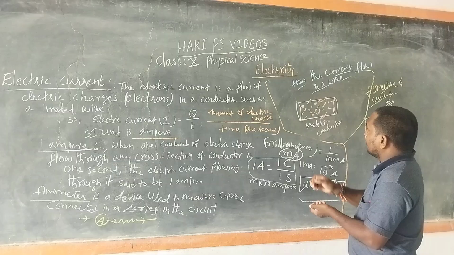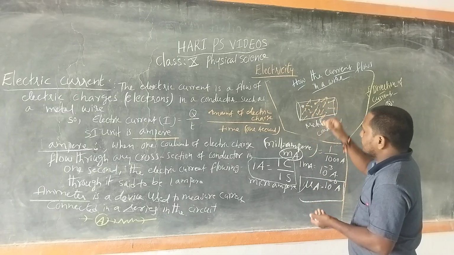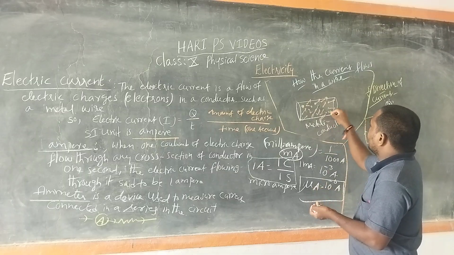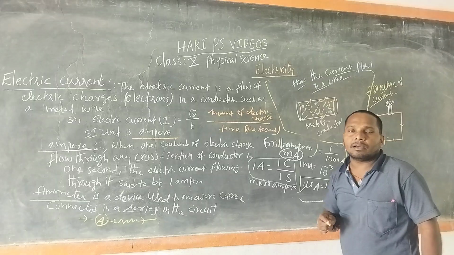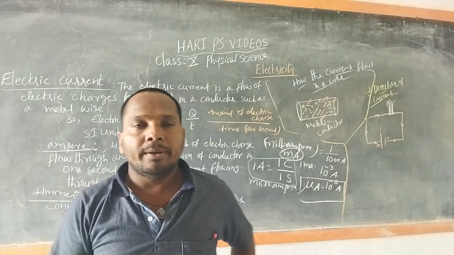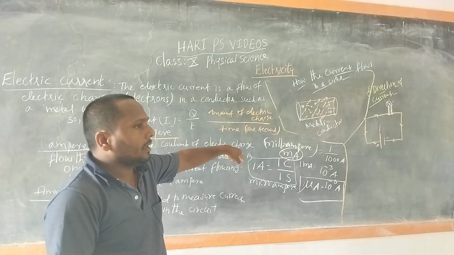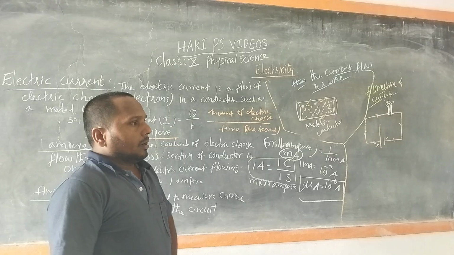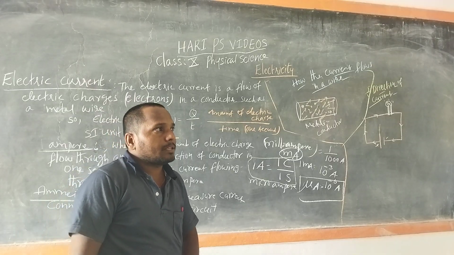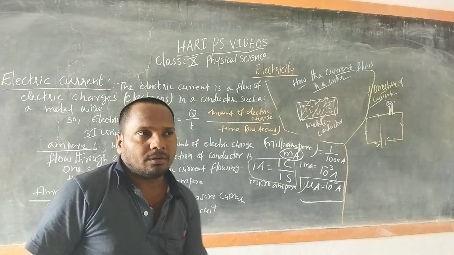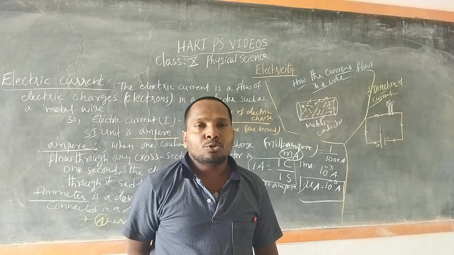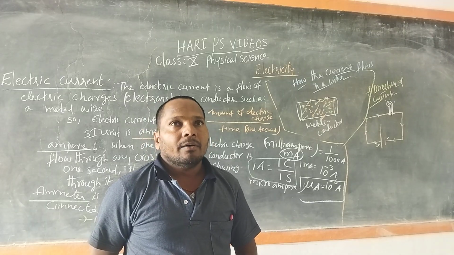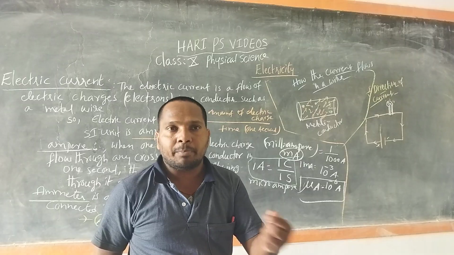Due to the random movement of electrons in a conductor or a metallic wire, the electrons move in their particular space.